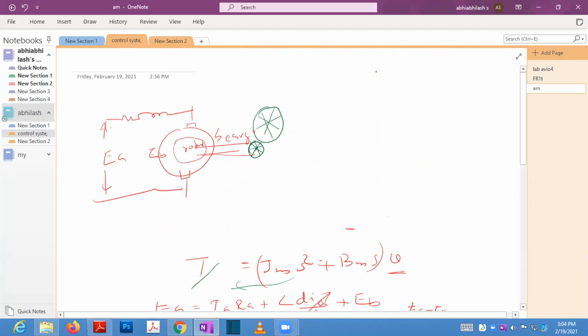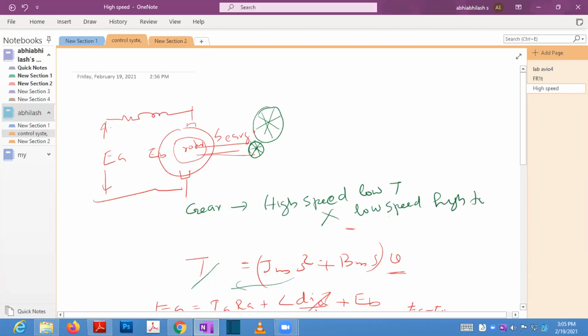So why are we using a gear? Sir, power. To convert high speed, low torque to low speed, high torque. Yeah, actually the motor is high speed, low torque. Converting this to low speed, high torque. For that purpose, we are using a gear.